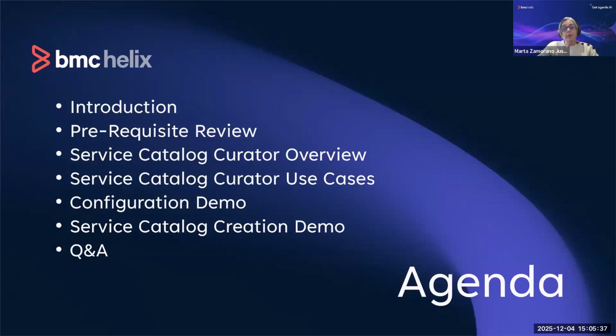Then we move to the configuration demo, where I will go step by step through the configuration process. I will give you some time to do the steps at the same time that I am doing them, and continue with the service catalog creation. I will create a service request with the agent, and then we will have a dedicated Q&A section.